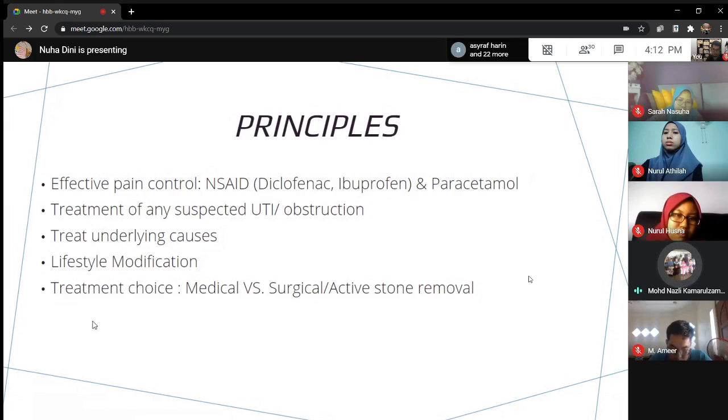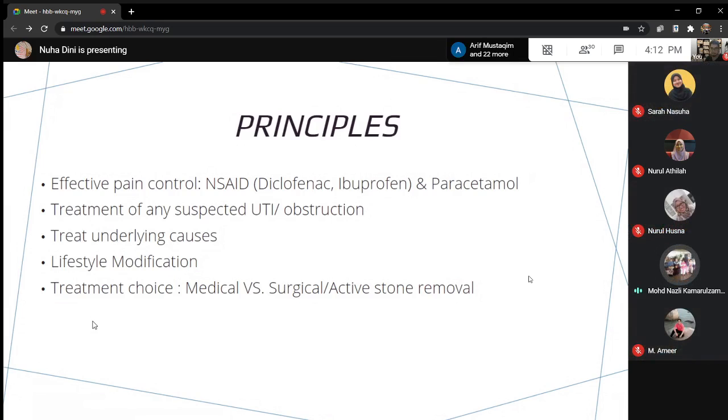You don't have to rush, because, as your friend mentioned, an infected stone is going to grow faster. That one is just theory: when you correct the patient factors, ask the patient to take a lot of fluids, and put them on citrate, the stone enlargement will slow down.